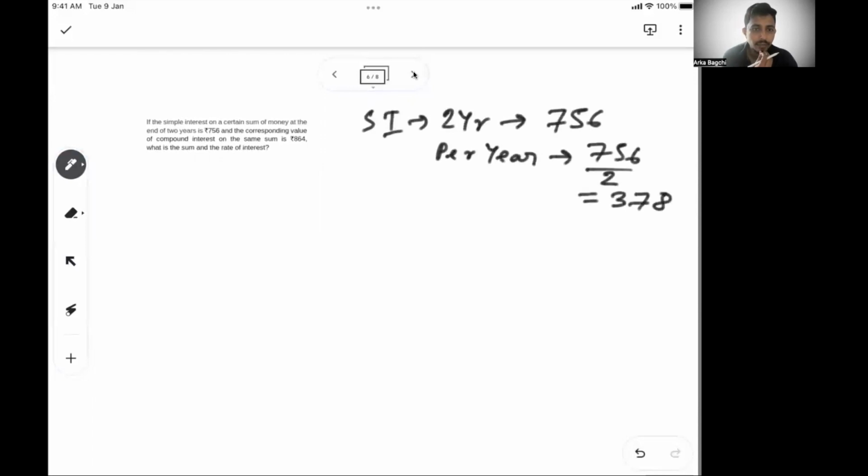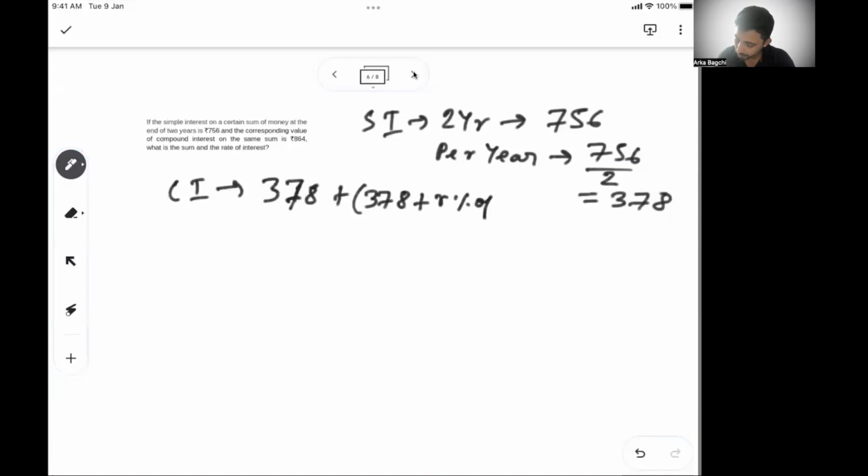And the corresponding compound interest on the same sum is 864. So compound interest, like I know, will be 378 for the first year. In the second year, it will again be 378 plus R percent of 378, R being the rate of interest, right? So this is 864, right?